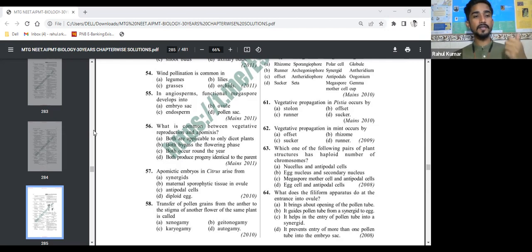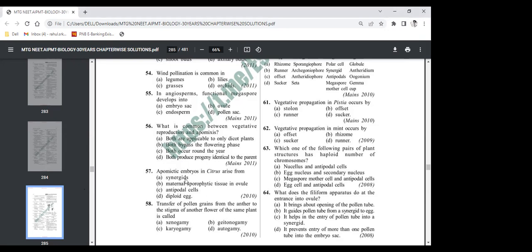And synergids are diploid. Is it clear? I'm talking about the embryo sac. Right, Nora? I hope you are following. Perfect.